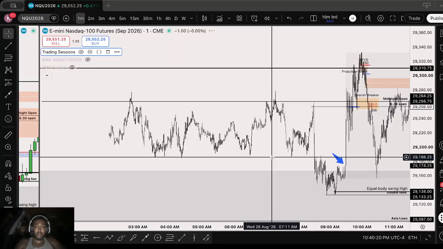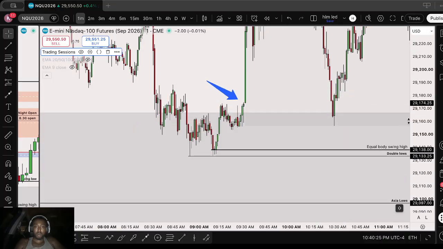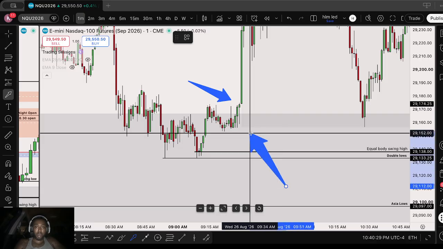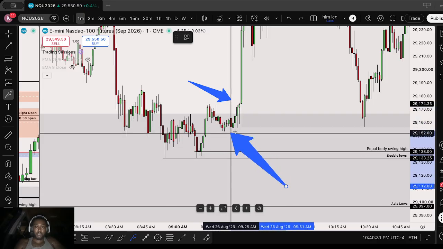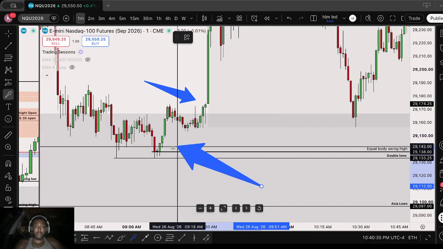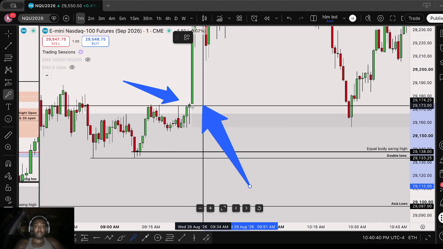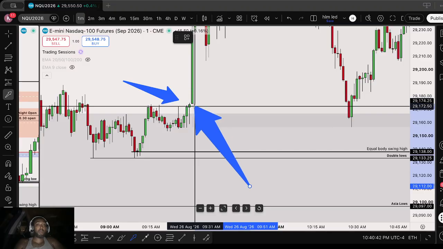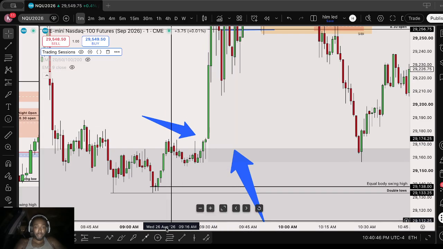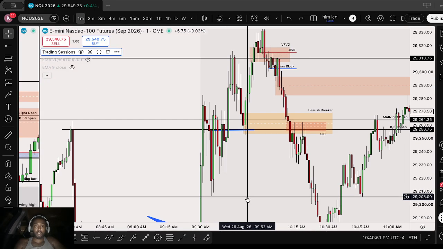We have the equal lows right here. Let me zoom in. Remember, we have the 9:30 open. We have these equal lows here, and these equal lows here, and we also have equal body lows here, and this no wick candle right here, which I just learned is an imbalance. So we have all of these sell side levels, and also where are we?